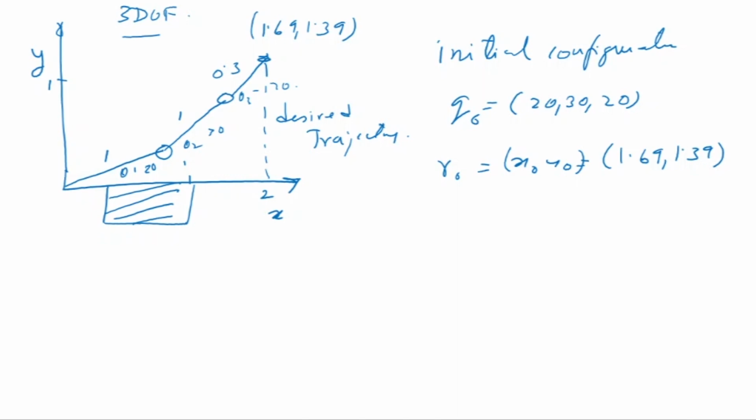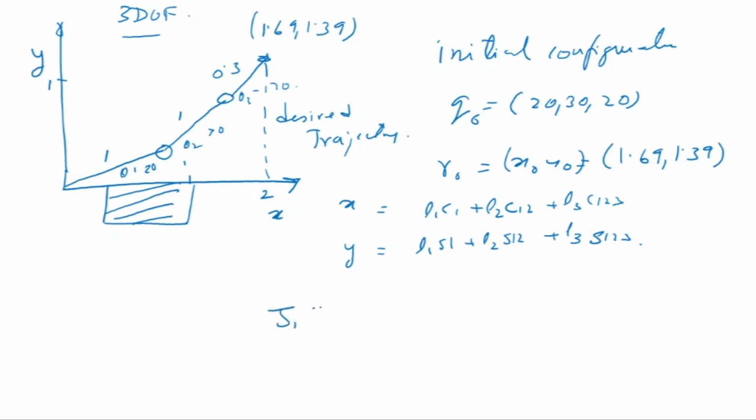Now we can find the Jacobian. Initially we can write x and y: x is equal to L1 cos θ1 plus L2 cos θ12 plus L3 cos θ123, and y is equal to L1 sin θ1 plus L2 sin θ12 plus L3 sin θ123.